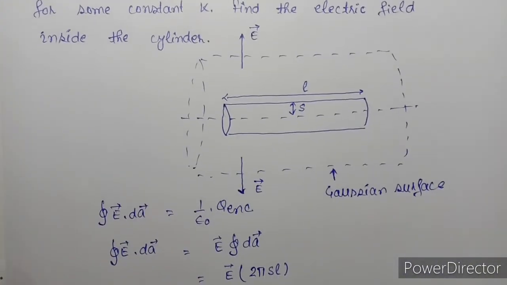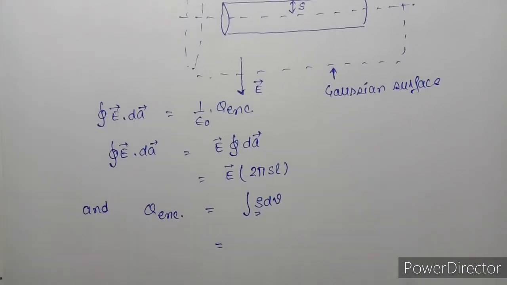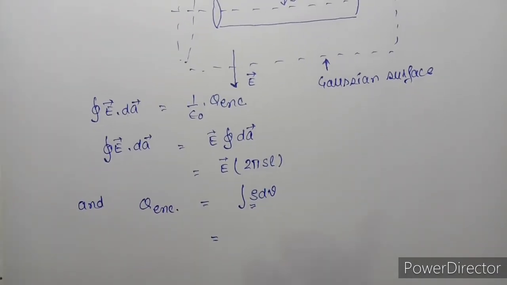So here we have rho equals ks, and we will use cylindrical coordinates.